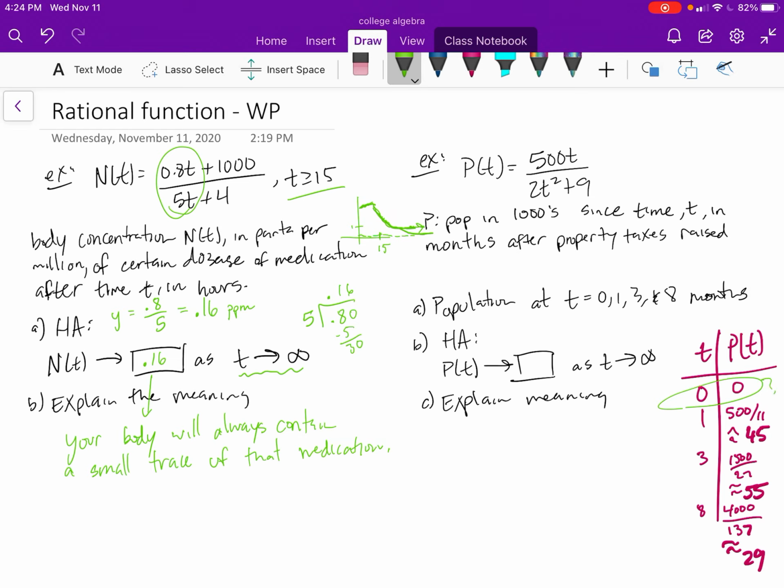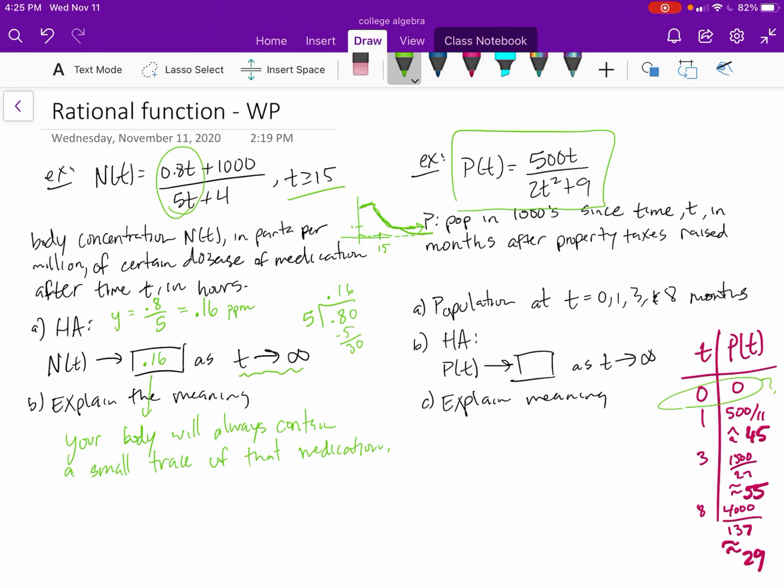That's kind of weird, right? And this could be what we call model breakdown. This model here might work perfectly for all values that are tangible, I guess, but at time 0, property taxes weren't raised yet, right?